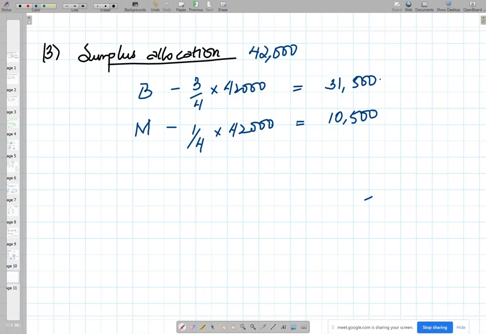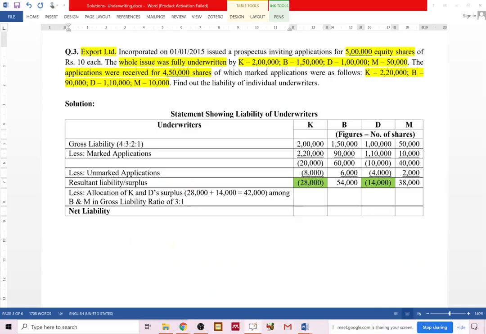So this is the total surplus of K and D, which we have divided among B and M in whatever ratio was remaining. 3:1 was remaining. So 3 upon 4, 1 upon 4.